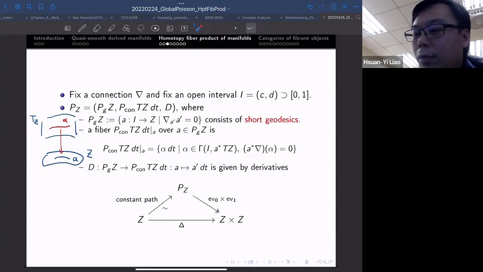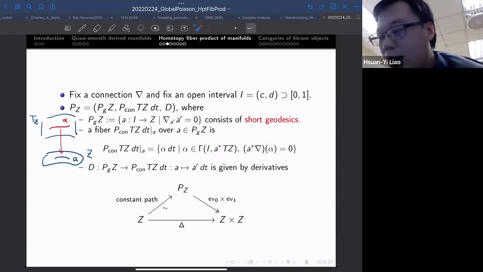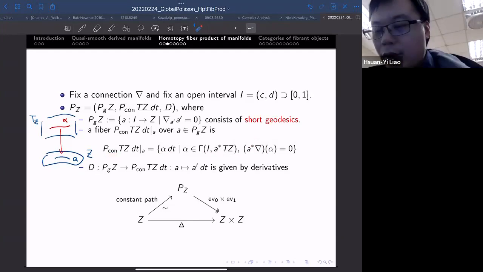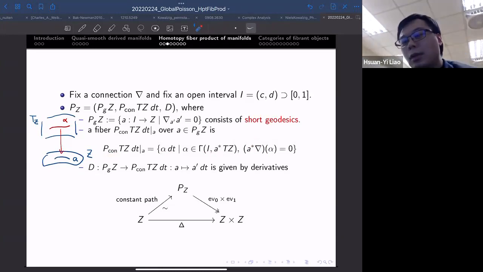In other words, this pullback vector bundle is a vector bundle over an interval, so it is a trivial vector bundle. You can trivialize it by parallel transport of this connection. If you do that, alpha becomes a constant section in that trivialization. That's what I mean by constant section. So this is my total space.